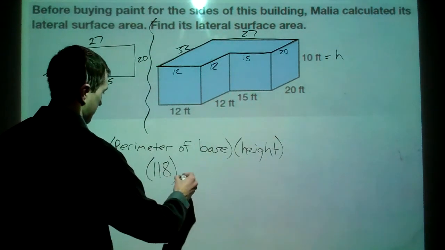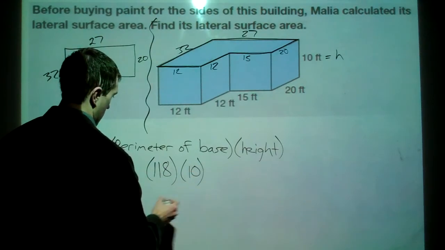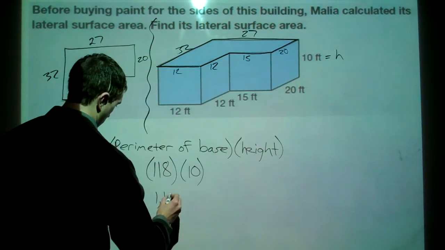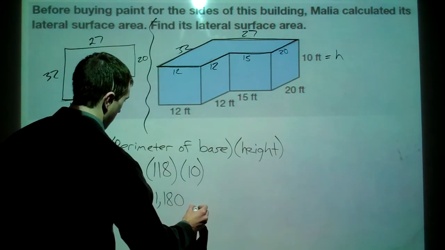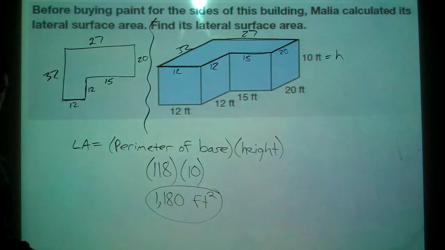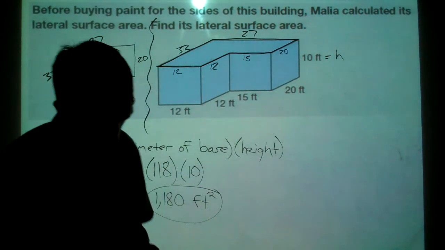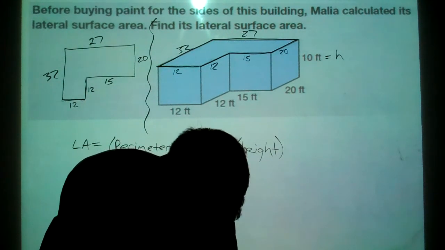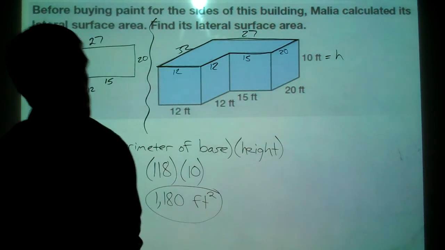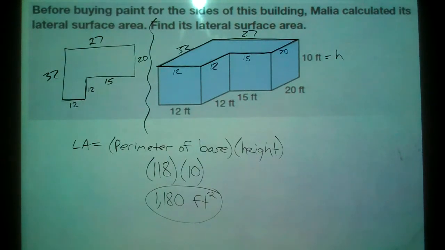And we said our height is 10. So 118 times 10, and we should get 1,180 feet squared. That's the lateral surface area, or at least it should be, so let's check and make sure we got that right. And we did. So cool. We've got the lateral surface area there.